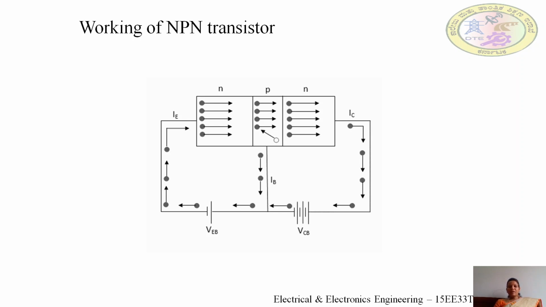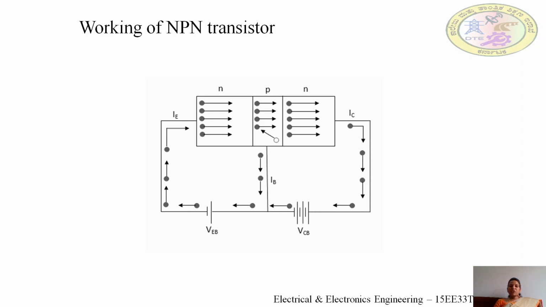So you all know this concept. When an electron combines with the hole, they become valence electrons. And these valence electrons, they just move down towards the base terminal, constituting base current. The remaining electrons, they cross into the collector region and they flow in the collector region, constituting collector current.